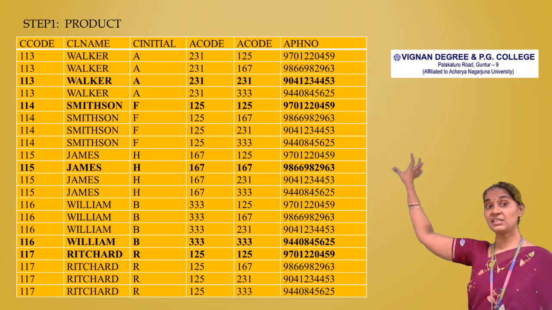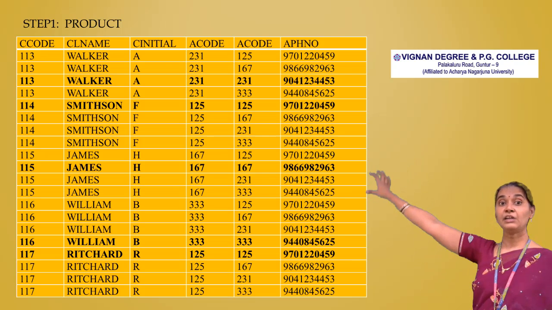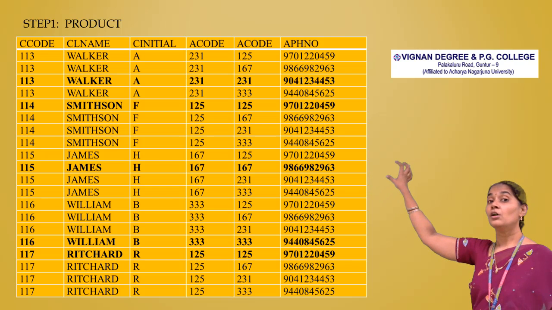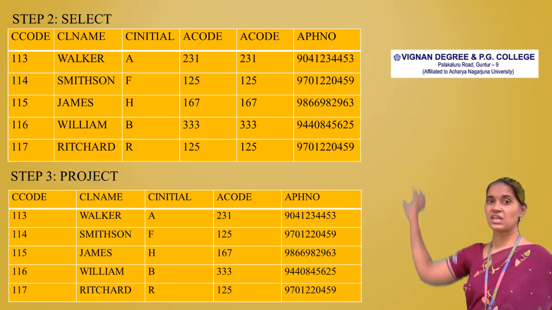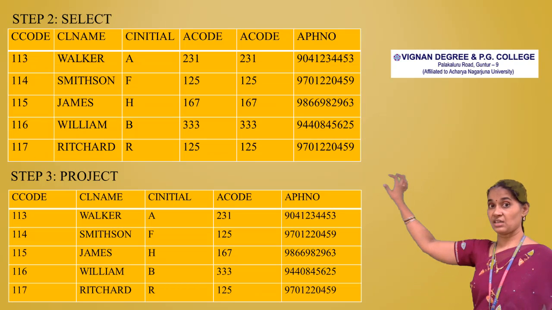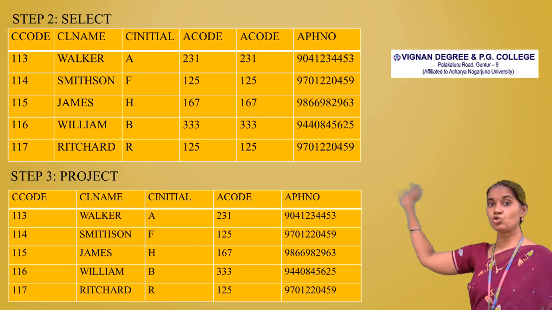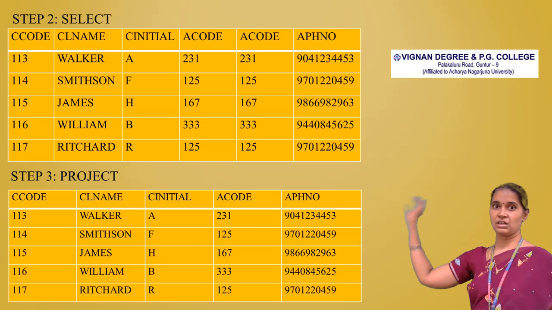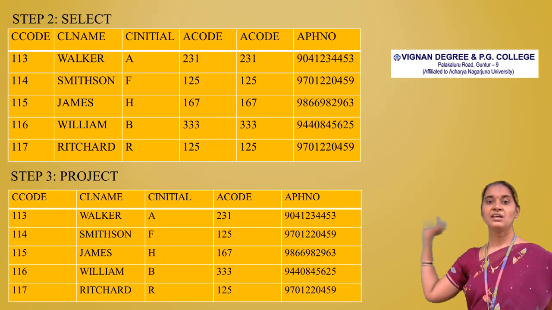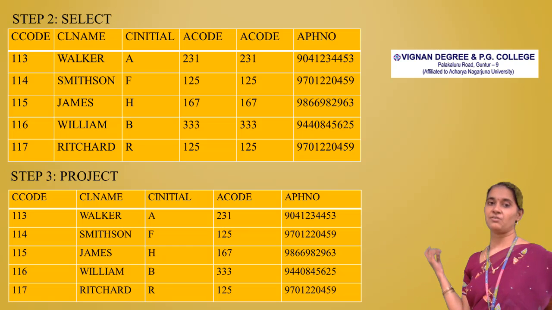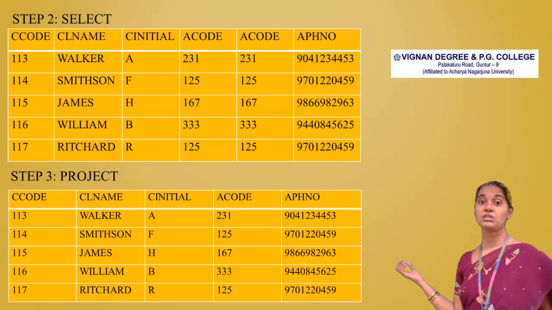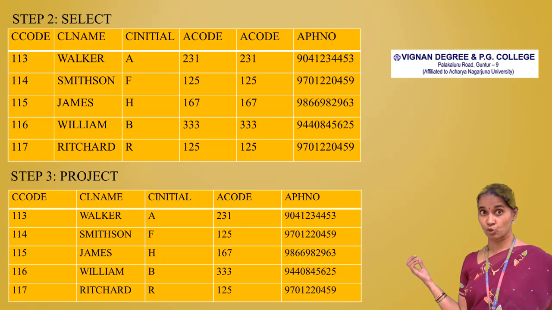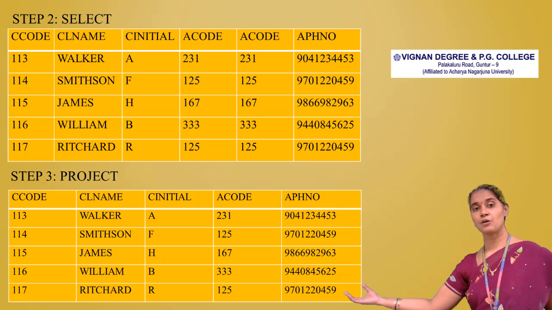Here, the A codes are 231, 125, 167, 333, 125. The similar A code values that are common for all the rows are selected. That is step 2, followed by the last step as project.